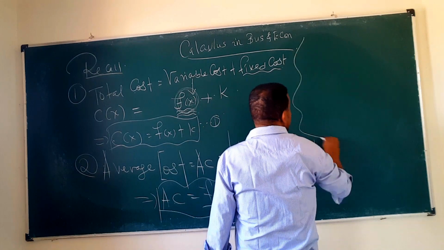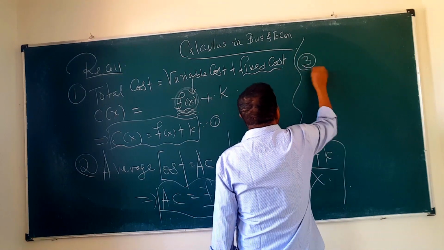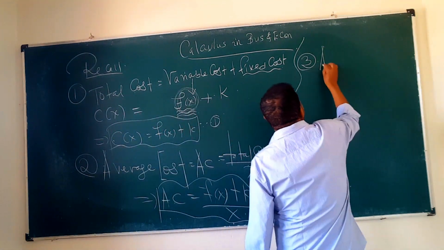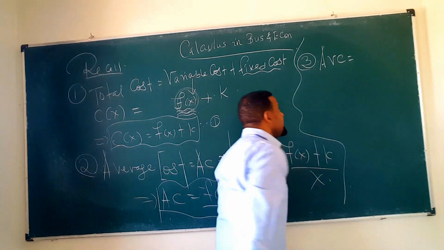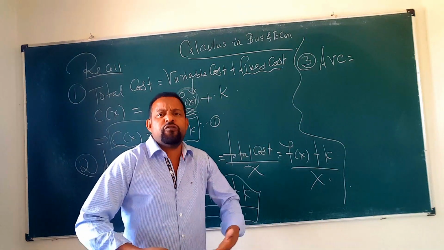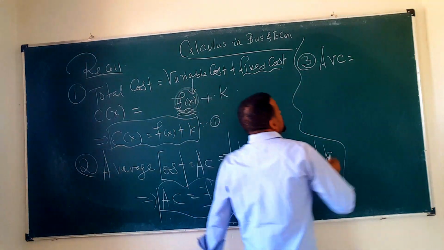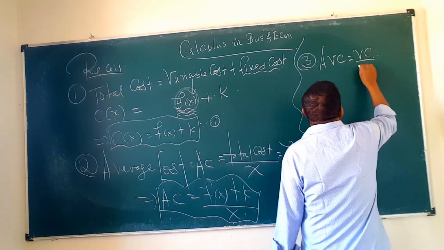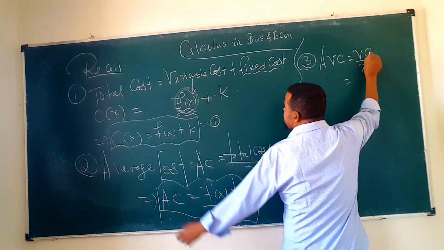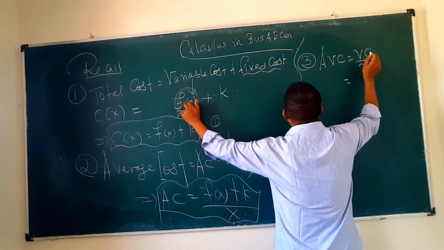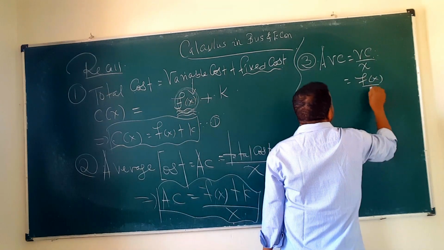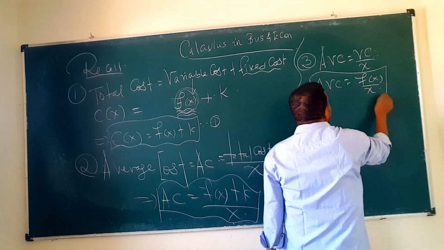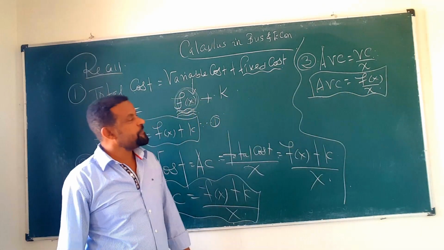The third formula is the average variable cost, which is the variable cost divided by the output x. You know that the variable cost is denoted by f of x, so the average variable cost is given by f of x over x.